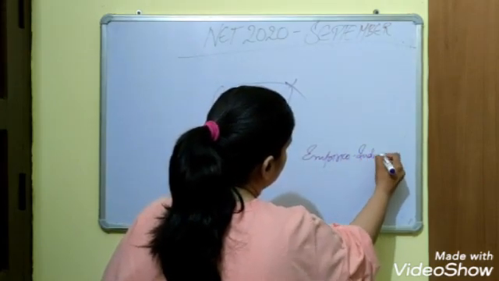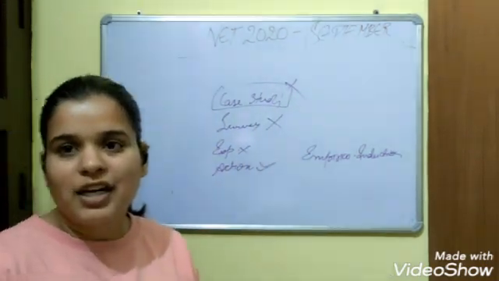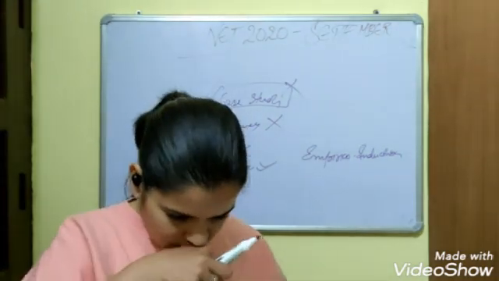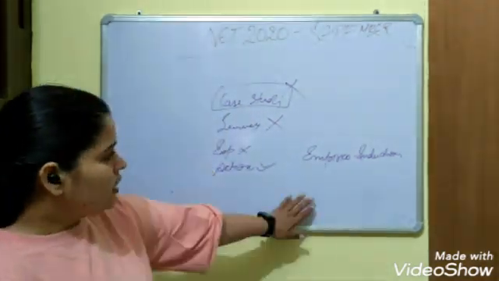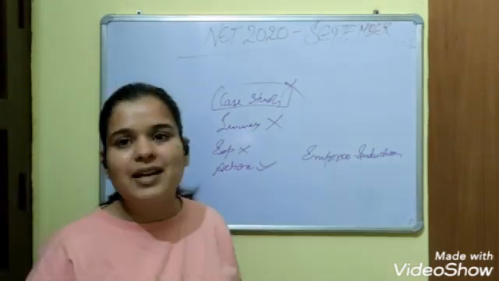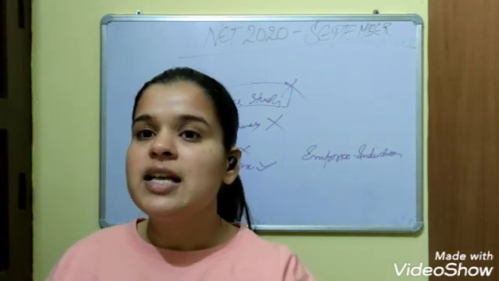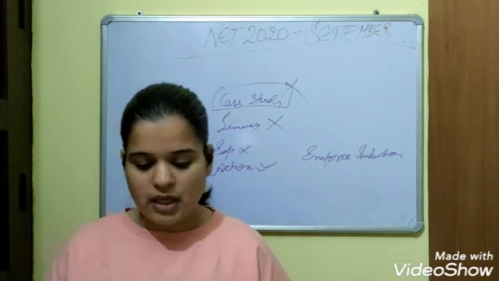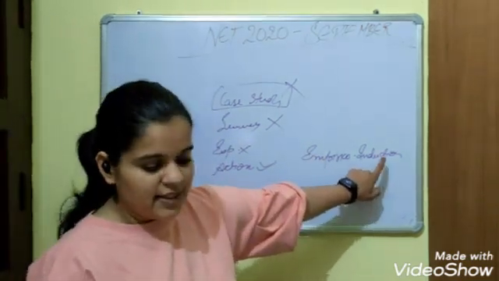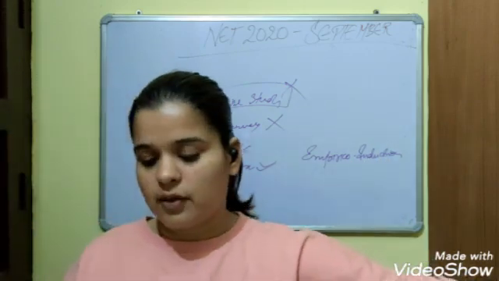Now the thing is, empirico-inductive: induction, reaching at something, inducing something. So it is one paradigm in which the researcher will find empirical data. What is empirical data? The data you collect scientifically, the data which is supposed to prove something. It collects the empirical data from specific cases and generalizes it in research findings.